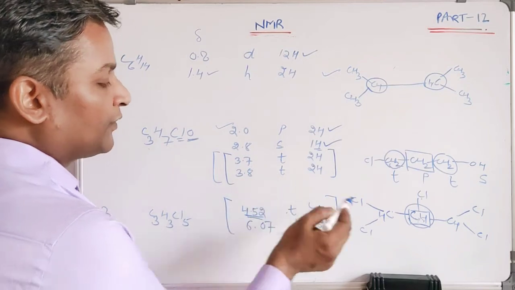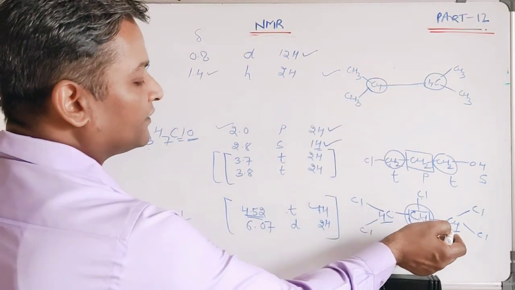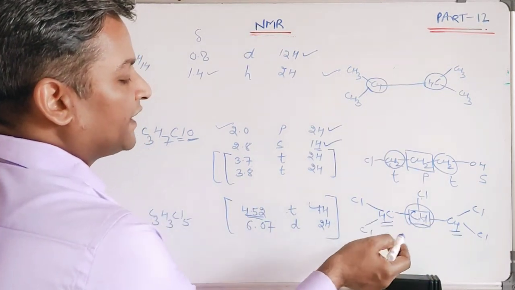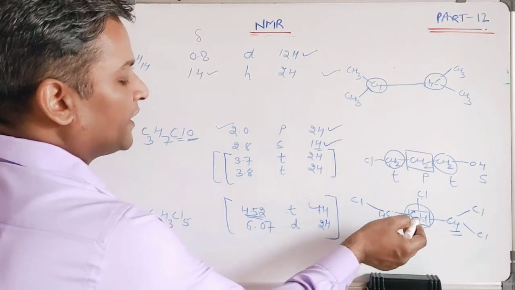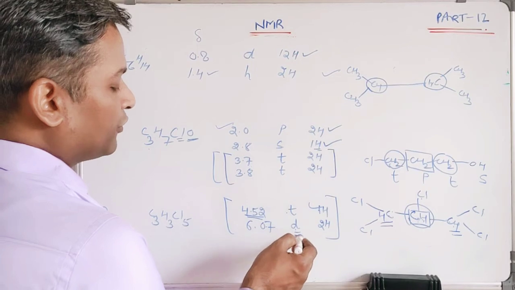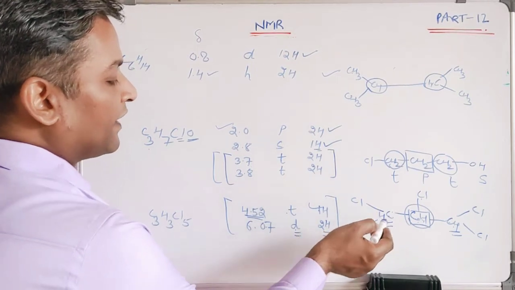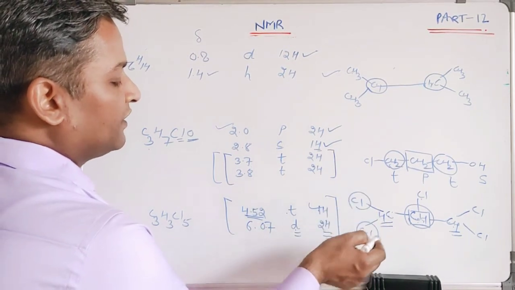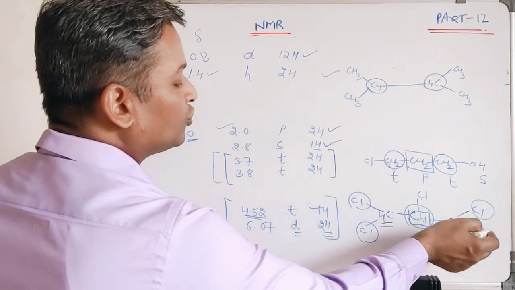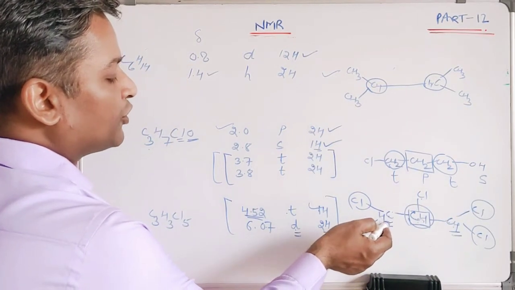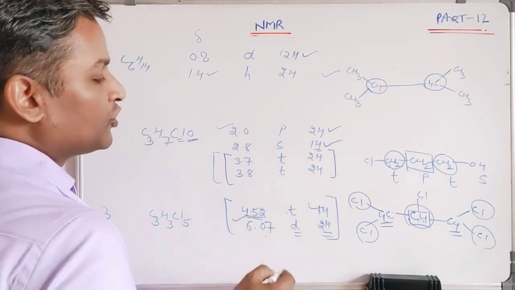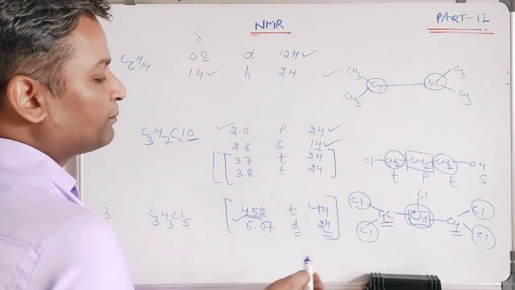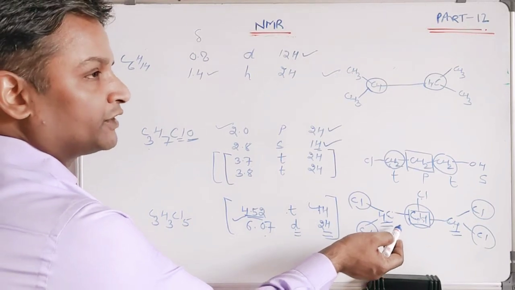These 2 CH are equivalent, and they are neighboring to 1 CH, so these 2 CH will show us a doublet. We are observing a doublet for these 2 protons, and as you can see here, they are attached to 2 Cl. It means the value of this proton should be higher. This is actually the case, the value of this proton is higher. So this is the spectra of the third compound, and this is the structure of the third compound.